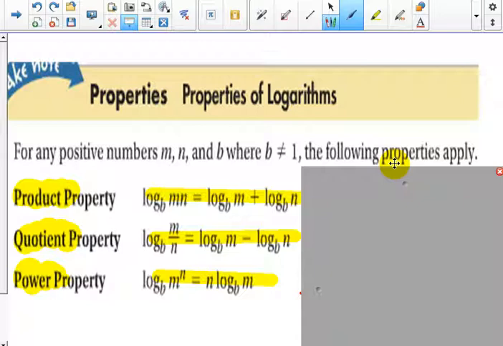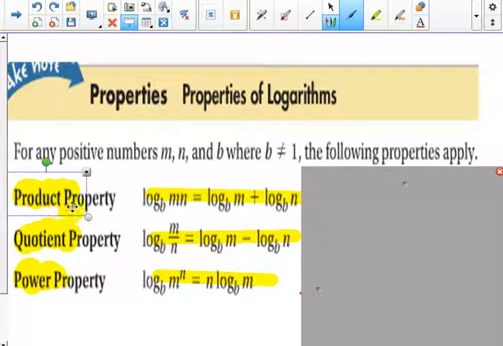It says properties of logarithms for the title, and then product property, quotient property, and power property. Those are your 3 columns. Here, these are the same, just in rows instead of columns. It says for any positive numbers m, n, and b, where b cannot equal 1, these following properties apply.